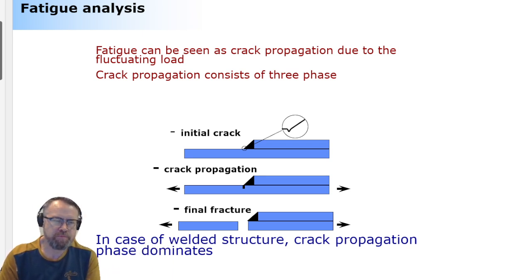Now, I said earlier that welded structures are not great in terms of fatigue, and it's simply because the initial crack is typically already in the structure when you're dealing with brand new machinery or structures. This is because the welding process introduces initial defects, which are imperfections at the welded joint.